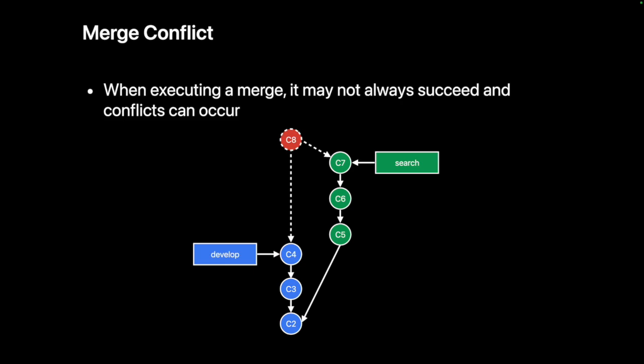In such cases, Git cannot determine how to handle the differing contents after the merge. This is where a person needs to review the changes in both branches and resolve the conflicts. We will cover more detail about conflicts in another lecture. For now, just understand that conflicts can occur during merge and need to be resolved before the merge can be completed.